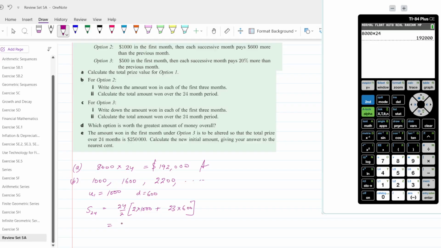So this becomes 12 times (2000 plus 23 times 600, which is 13,800). If we add 2000 and multiply by 12, we get $189,600. That's the answer.